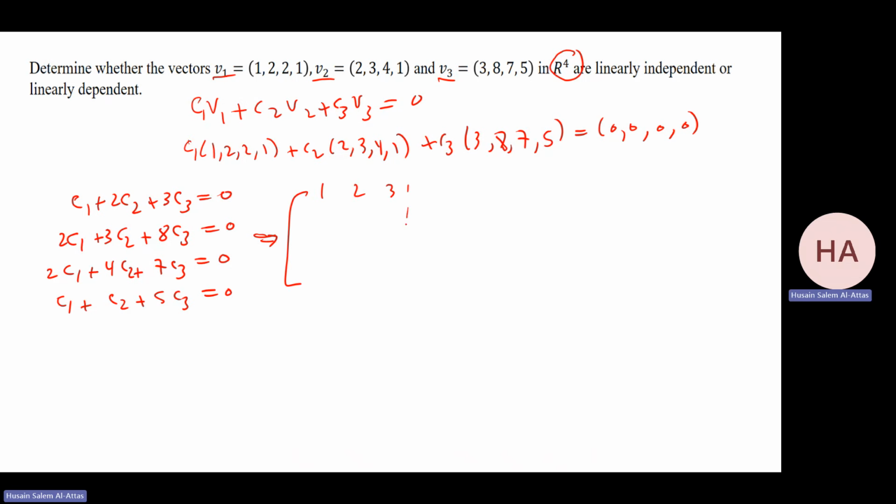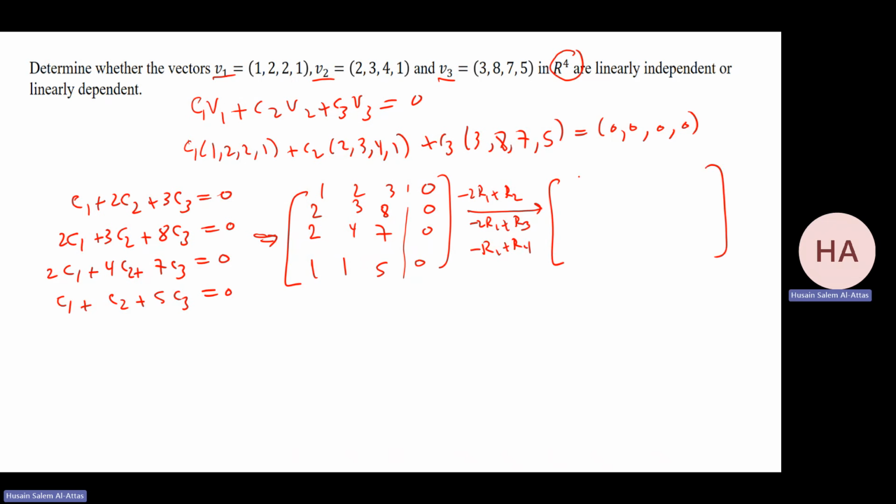The rows are 1, 2, 3, 0; 2, 3, 8, 0; 2, 4, 7, 0; 1, 1, 5, 0. So multiply by minus 2 R1 plus R2, minus 2 R1 plus R3, and minus R1 plus R4. Actually, later we'll show you a way to decide quickly, but now let me do the calculation.